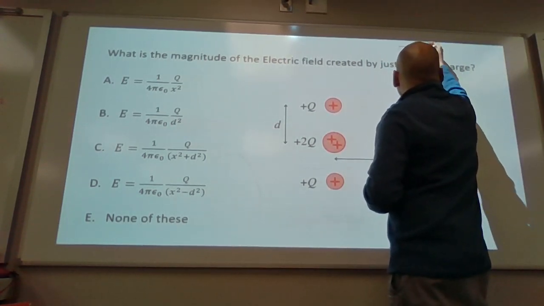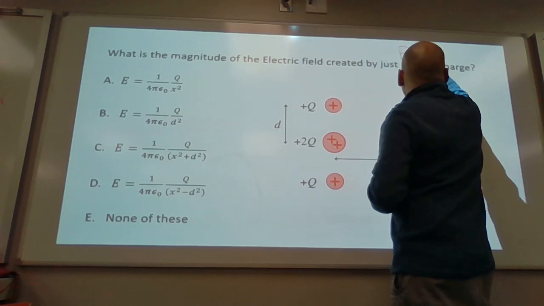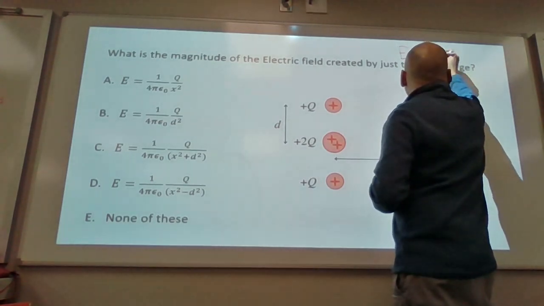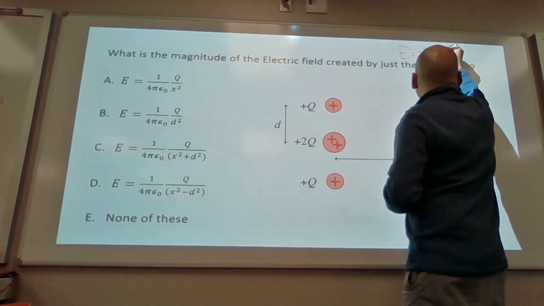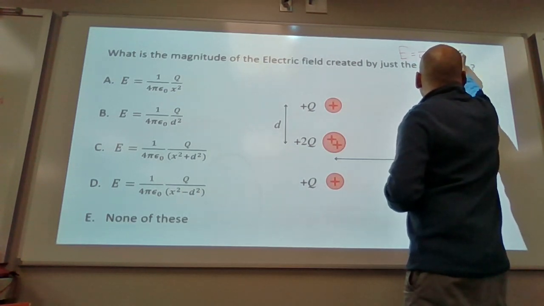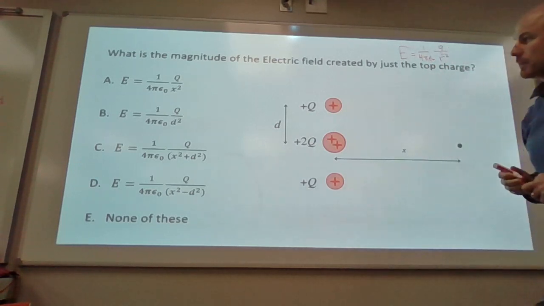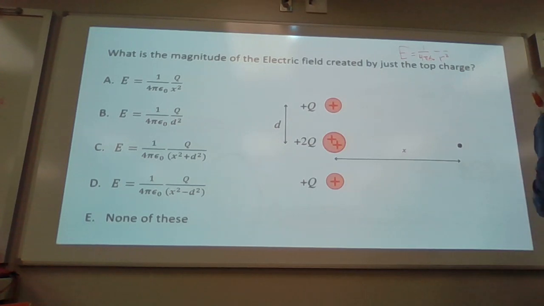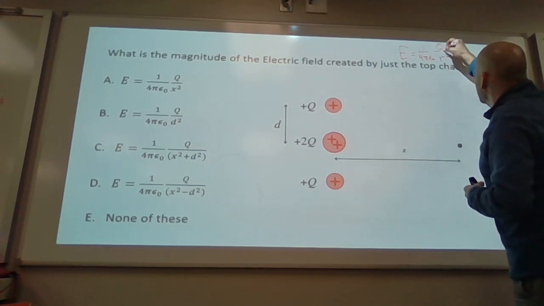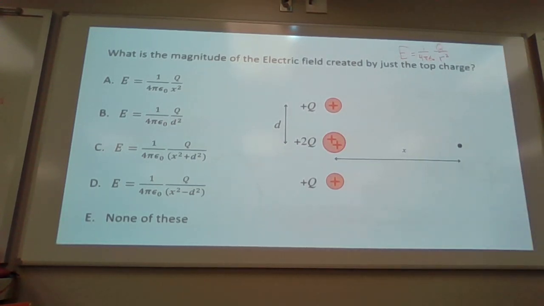So instead of k, it's 1 over 4 pi epsilon naught times Q over R squared. It's D. Capital Q. A lot of times they'll use capital Q as the source charge, but not all the time.